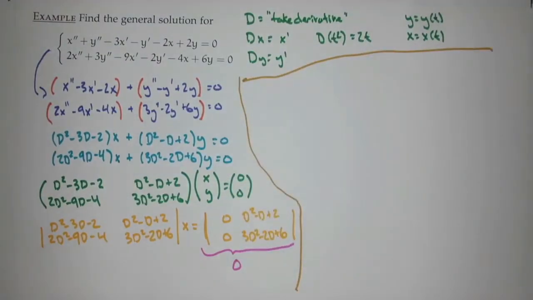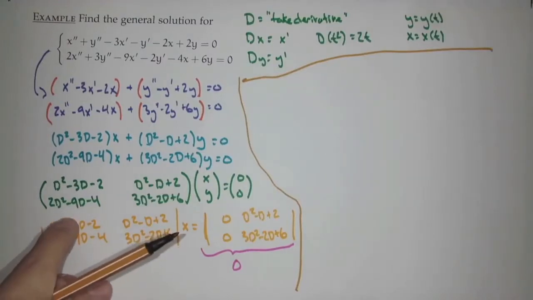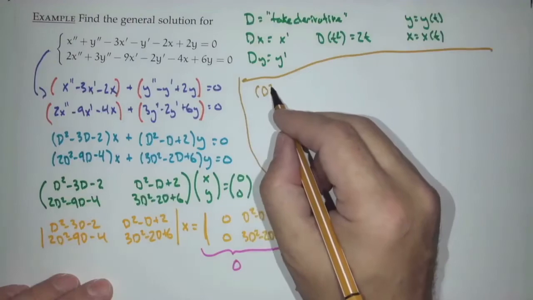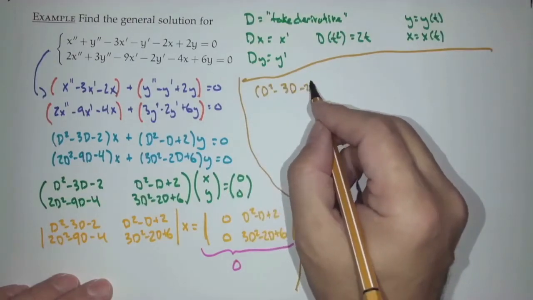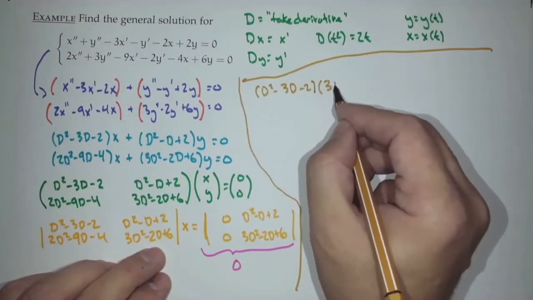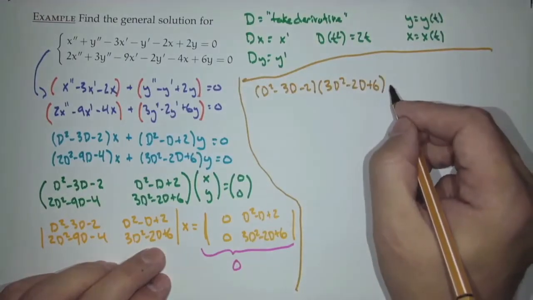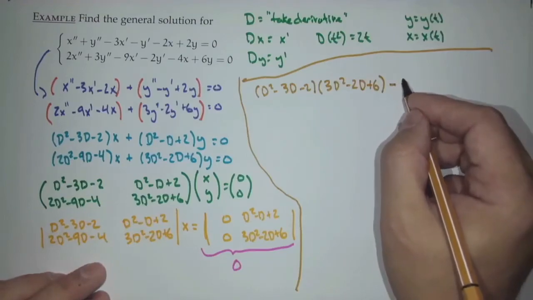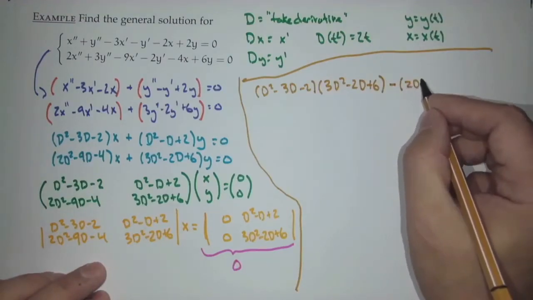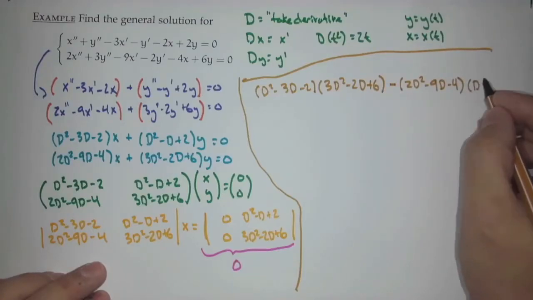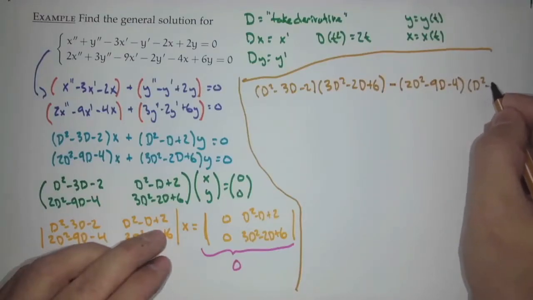So, here we go. Take the determinant, you do our diagonal. So that's d squared minus 3d minus 2 times 3d squared minus 2d plus 6. Subtract our other diagonal, 2d squared minus 9d minus 4, d squared minus d plus 2.